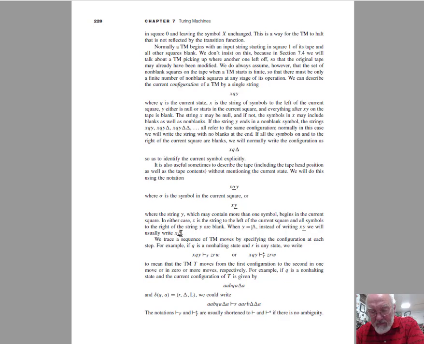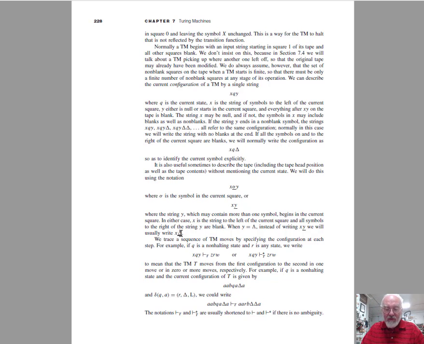Okay, now keep in mind there's a bunch of things that you just kind of have to keep thinking about, and one of them is the idea that the tape content can change, and usually does. With our previous stuff, finite automata and PDAs, we went left to right. We couldn't move backwards, and we couldn't modify what's on the tape.